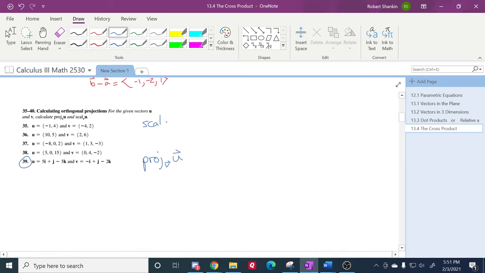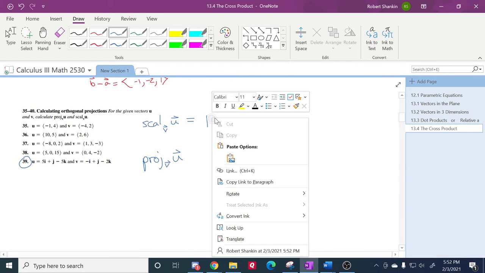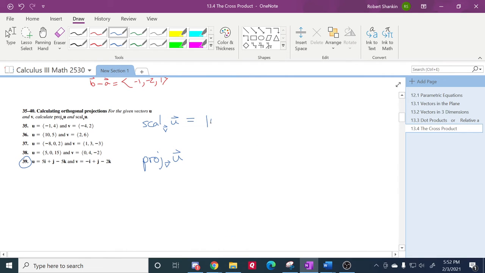The scalar projection of U onto V is the magnitude of U times the cosine of the angle.